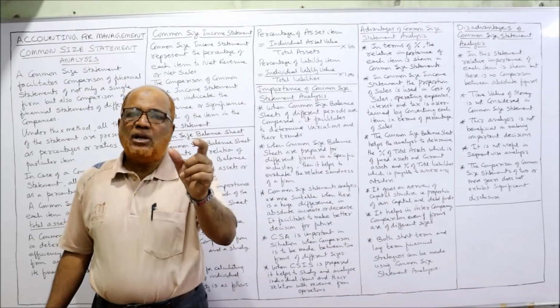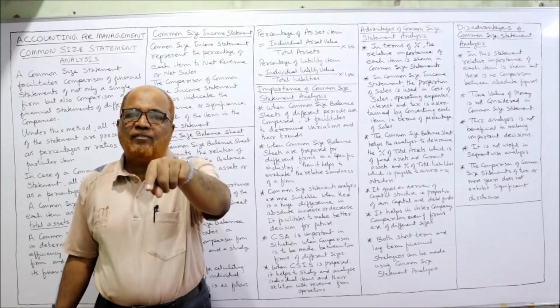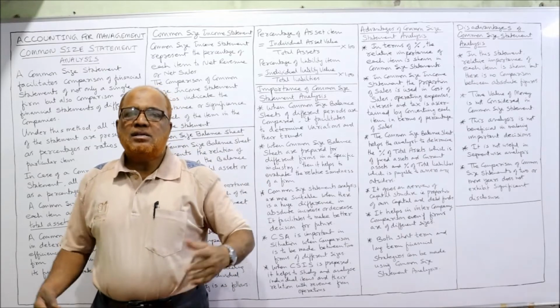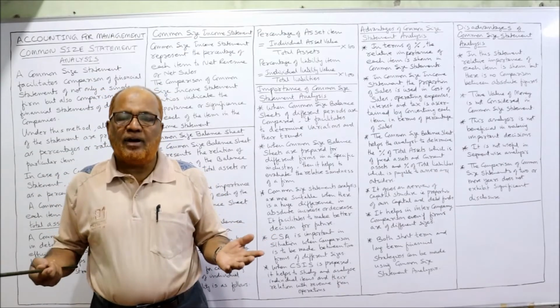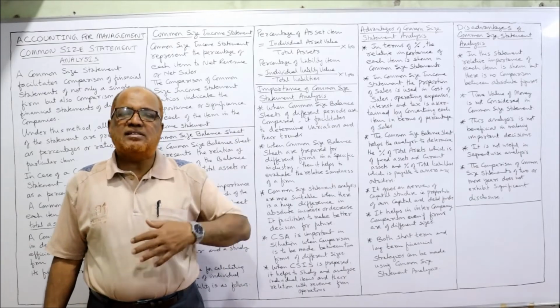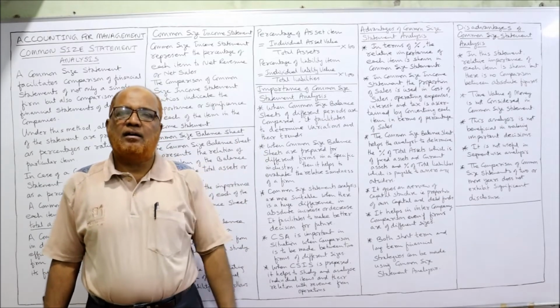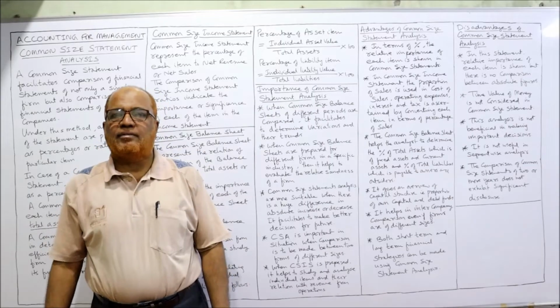Many a time absolute figures will not convey much meaning until and unless we compare one figure with another figure. Simply we can say our gross profit is 5 lakh. It doesn't make any significance. It does not show any importance if I say our gross profit is 5 lakh, until and unless this gross profit is compared with sales.